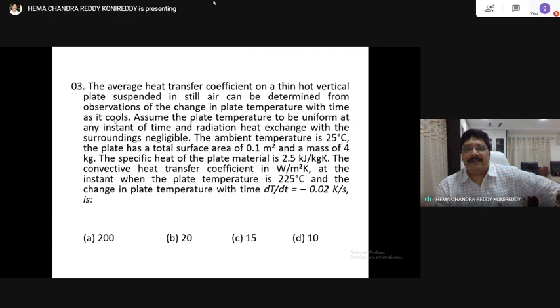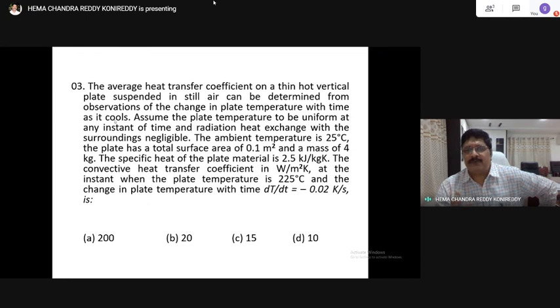Assume the plate temperature to be uniform at any instant of time, and radiation heat exchange with surroundings is negligible. Here no radiation heat transfer is taking place. At any given instant the plate temperature is a constant wall temperature. The ambient temperature is 25 degrees centigrade.